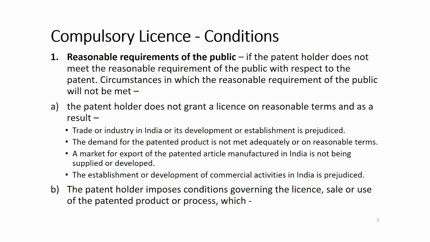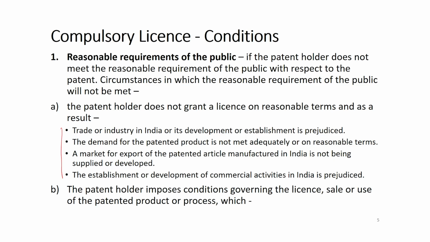Now, what are those circumstances when we can say that reasonable requirements are not being met? First, patent holder is not granting license on reasonable terms, and as a result of which, what happens? These are the consequences.